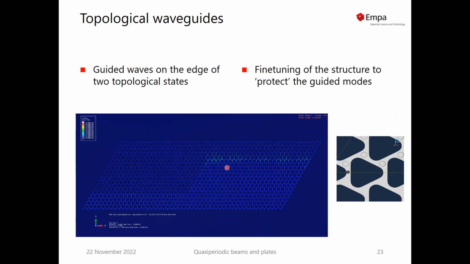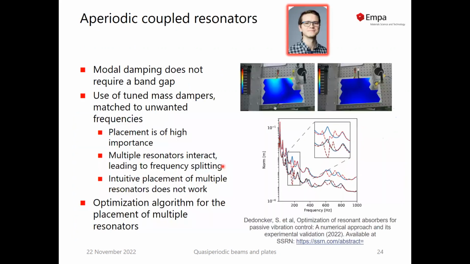Now, for this kind of topologically protected wave modes, you really need a nice, very well-made design to call it protected. Otherwise, you might have leakage, you might have diffraction here in the corners.